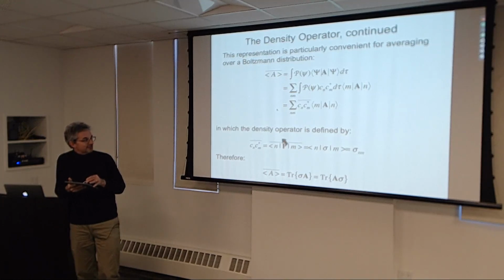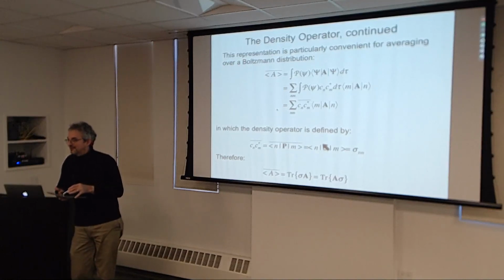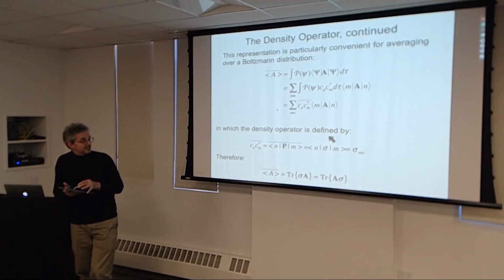The averaging is somehow on this operator P, and I'll call that sigma. So sigma is the thermally averaged projection operator. It's what we call the density operator. It has these elements of its matrix as well, given by this expression.